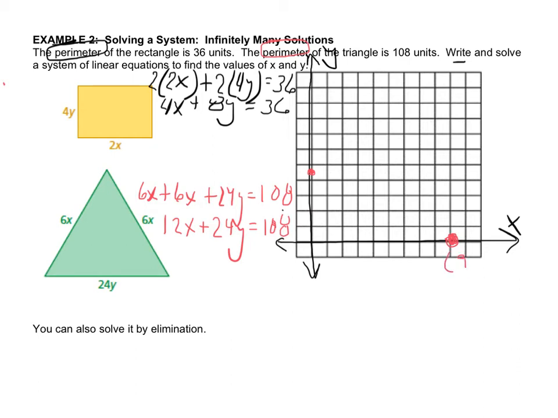So I have 9, 0, and we have 0, 4.5. Okay, and then by standard form, we're okay at this point saying let's just draw the line. And there is our equation, 4x plus 8y equals 36.